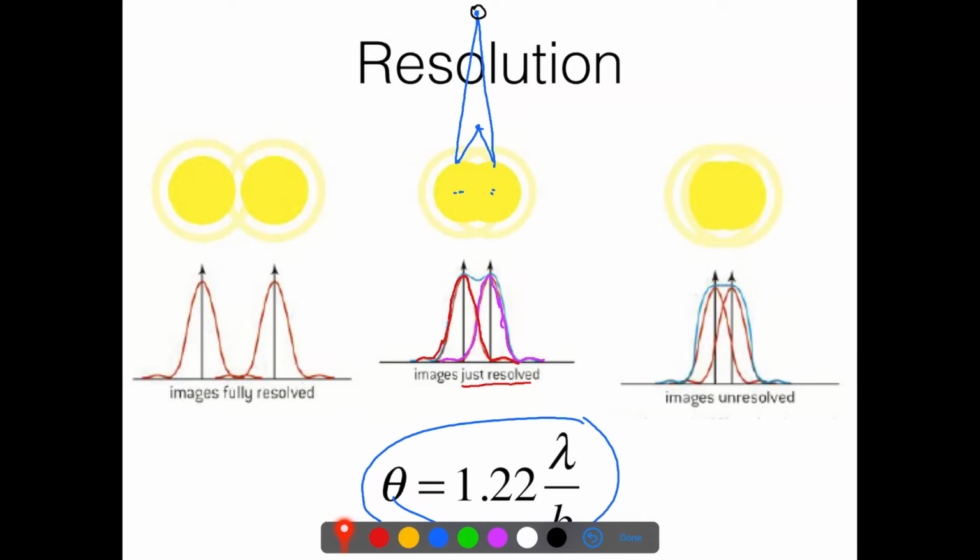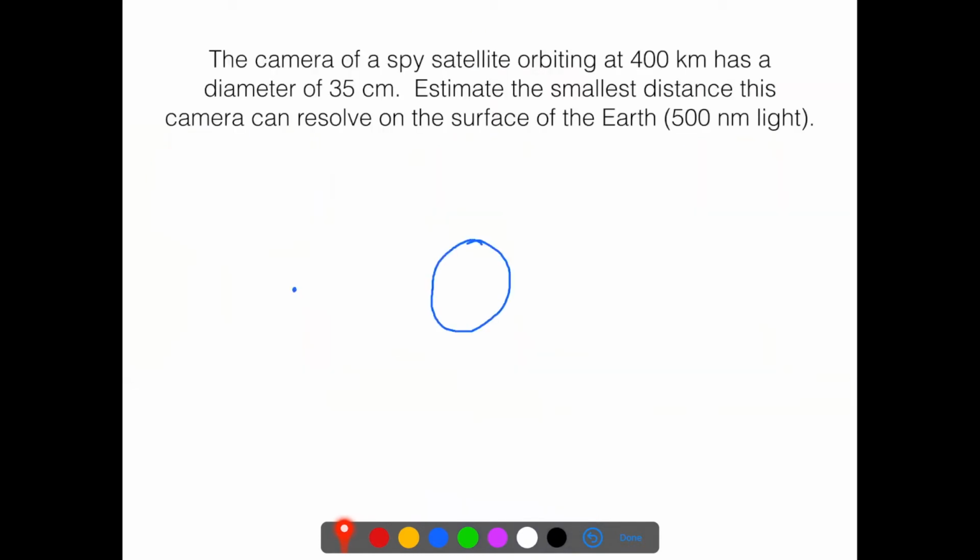Okay, so let's go ahead and consider a question. Let's look at an example. The camera of a spy satellite orbiting at 400 kilometers has a diameter of 35 centimeters. Estimate the smallest distance this camera can resolve on the surface of the Earth.